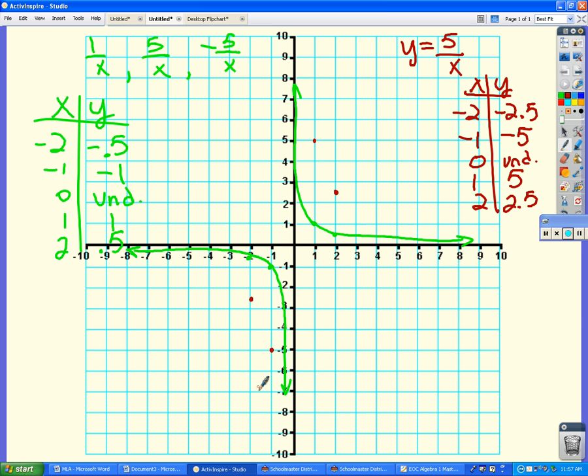And so the difference between these two graphs is, what's different here, would you say, between the red one and the green one? How did having it be 5 divided by x make it different than 1 divided by x?